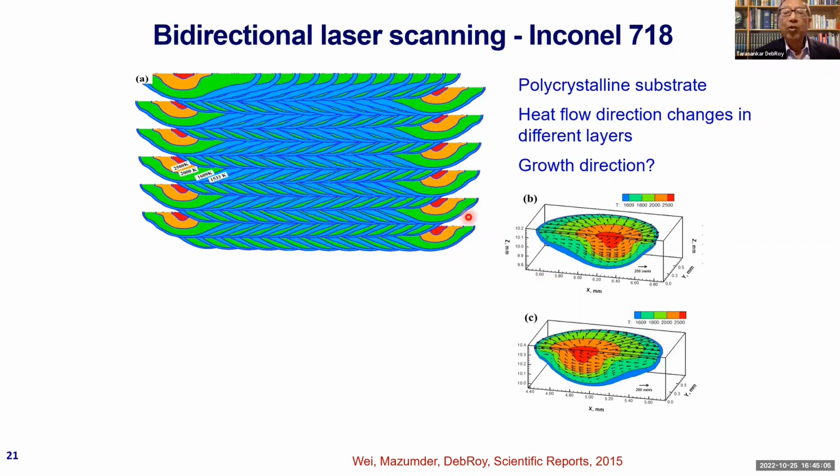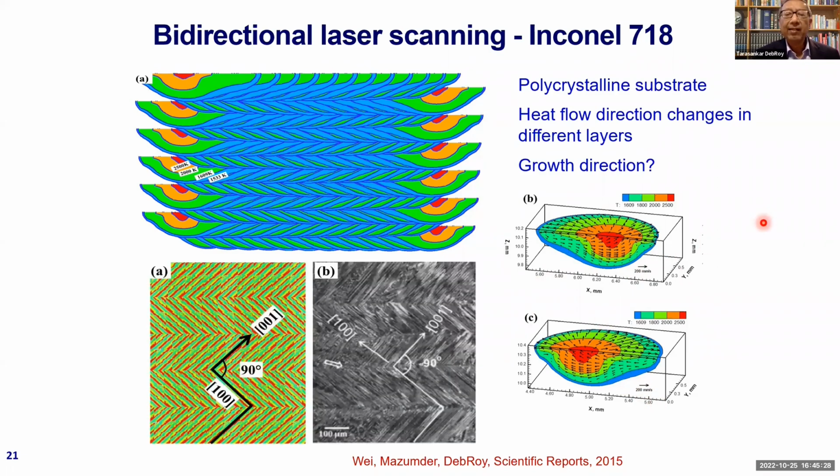Whereas when it is going from right to left, the fusion zone is somewhat like this here. So here the main heat flow direction is perpendicular, about a 60-degree angle, whereas here it's at this angle. So they are different. So I'm going to show you that.